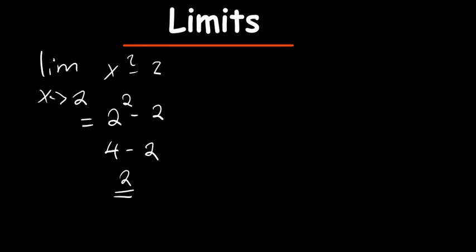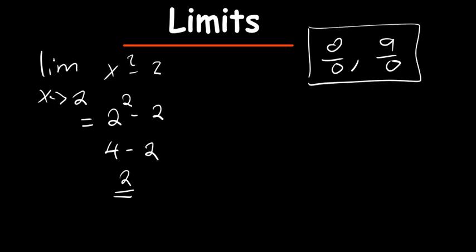But in a situation where you get 0 over 0, or a number over 0, this takes us to what? Undefined. Now we need to find a way to run away from undefined, to make the function defined.